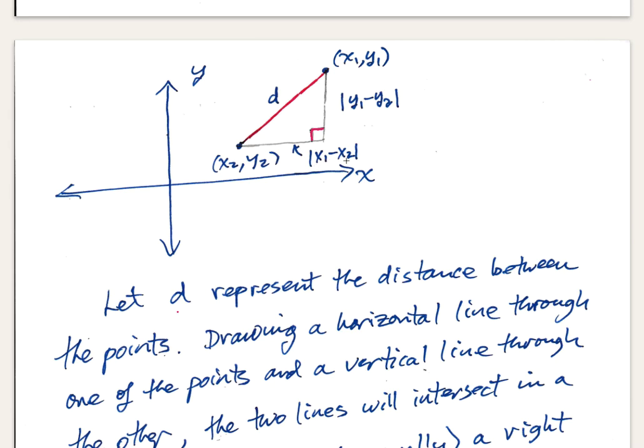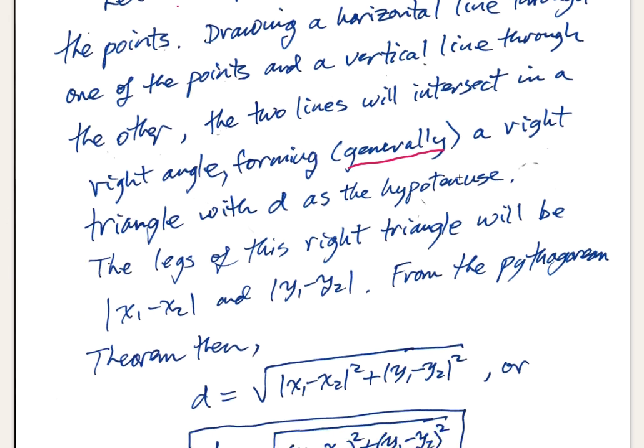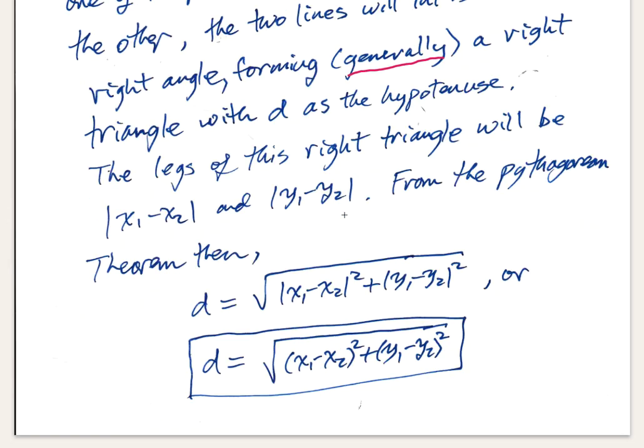I decided to go x1 minus x2. And then the absolute difference between the y coordinates will give you the length of the vertical leg. Now, Pythagoras would tell us that d would be the square root of the sum of the squares of the legs there. Remember that form?